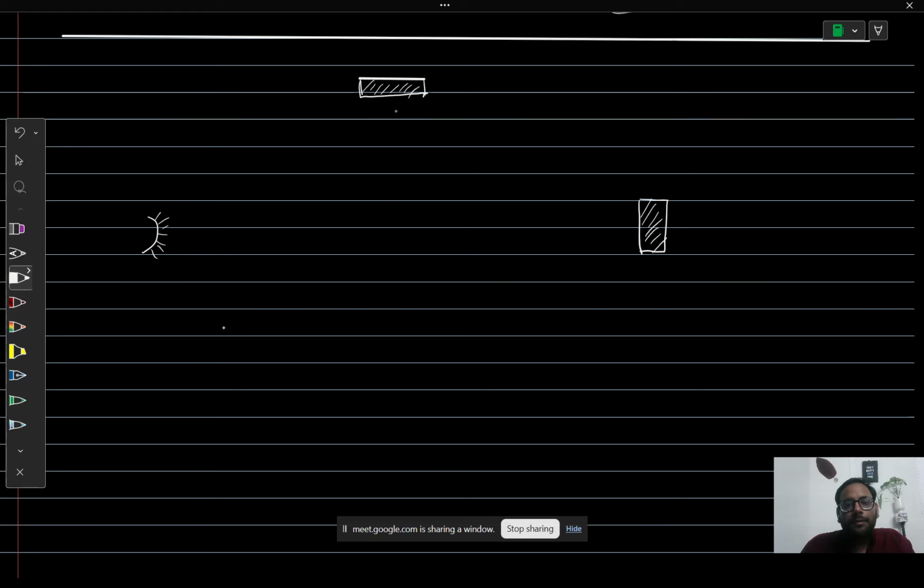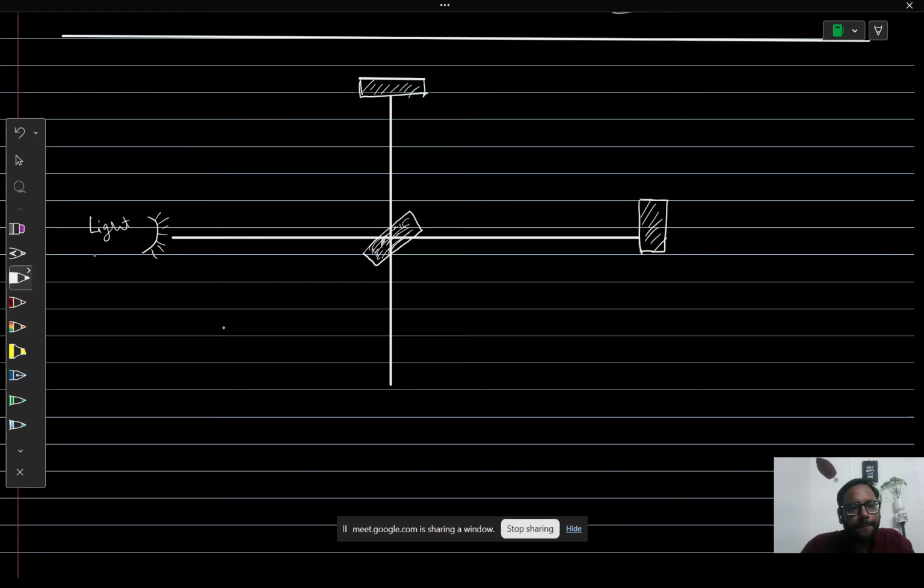Let me draw something straight. This is the light source. This is my mirror 2, suppose. This is my mirror 1.